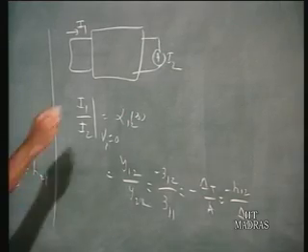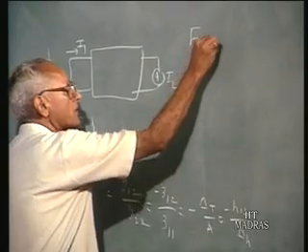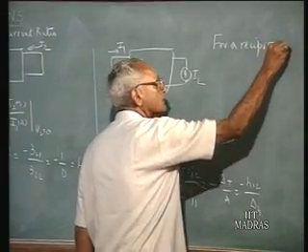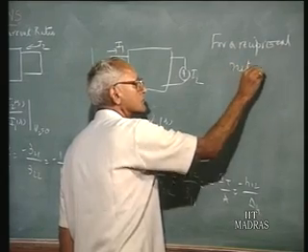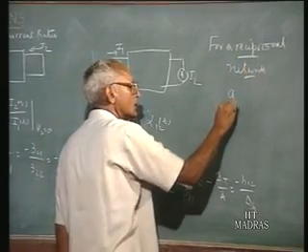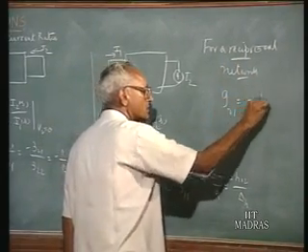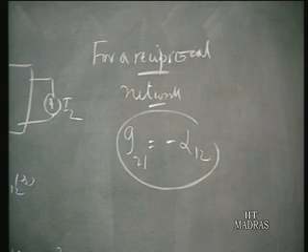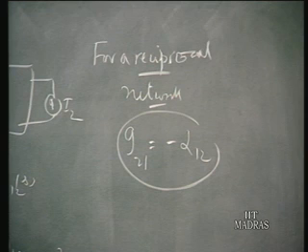So for a reciprocal network, G21 equals minus alpha 12. The open circuit voltage ratio in the forward direction is the negative of the short circuit current ratio in the reverse direction.